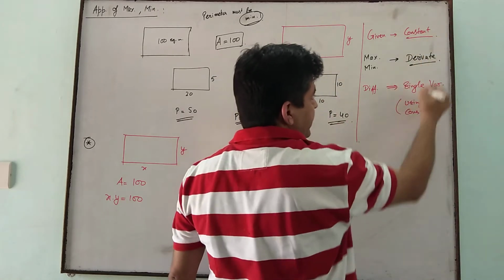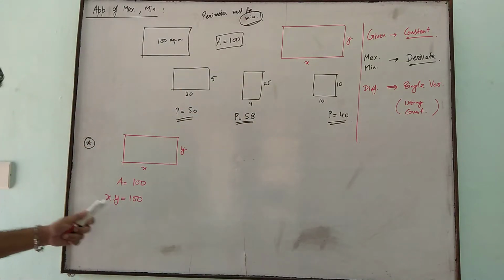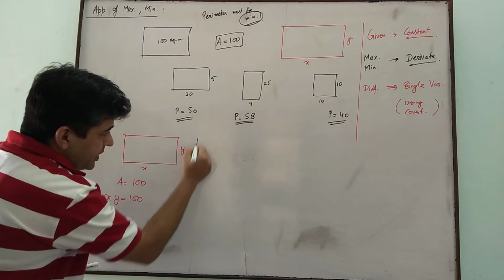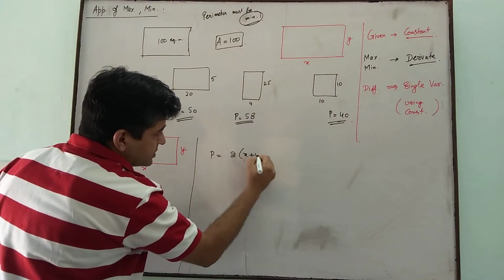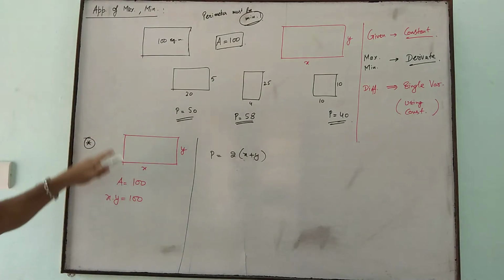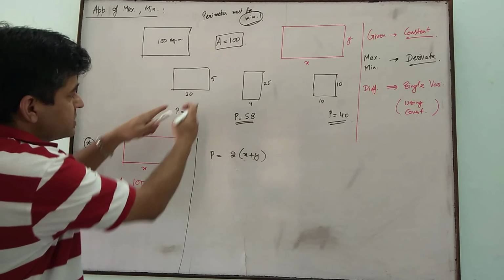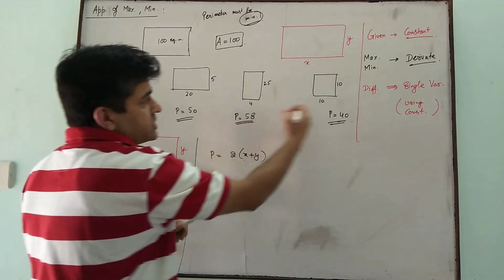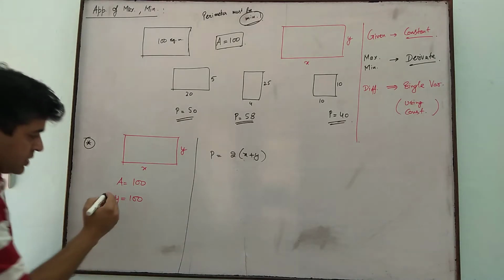Use this constant quantity to make it into a single variable. Now see, here perimeter is twice of x plus y. It is in two variables, x and y both are variables here. So you can see x and y both are changing, right?